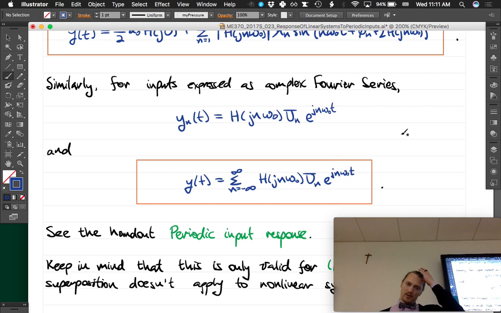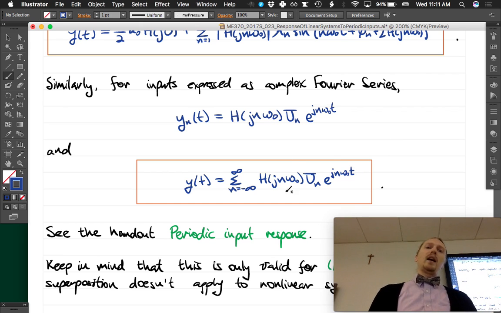And this expression, I mean, it is kind of nice. It's simpler in a lot of ways, but it's not as intuitive.